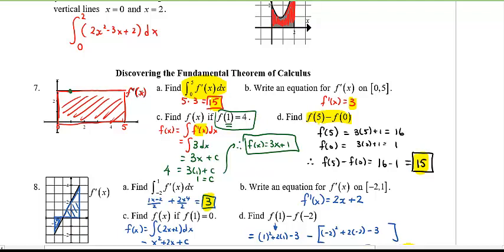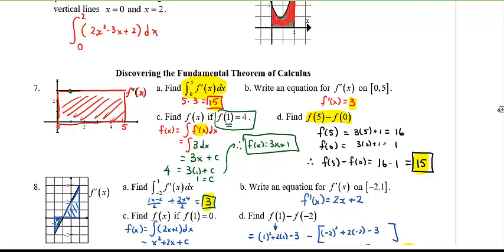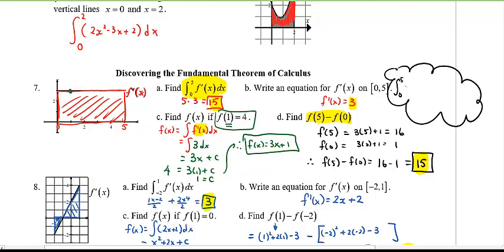So from number 7, what you've told me here, and you can write this on the side if you want, I'll put in a little bubble. You've just told me that the integral from 0 to 5 of f prime of x dx is the same thing as f of 5 minus f of 0.